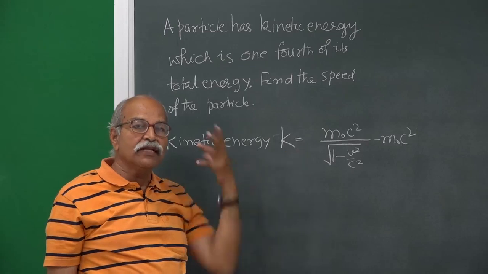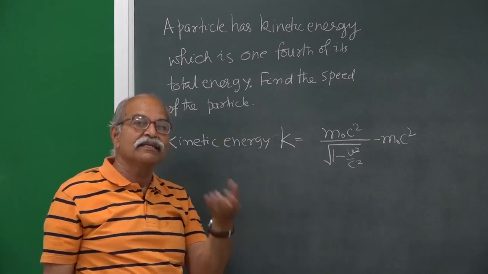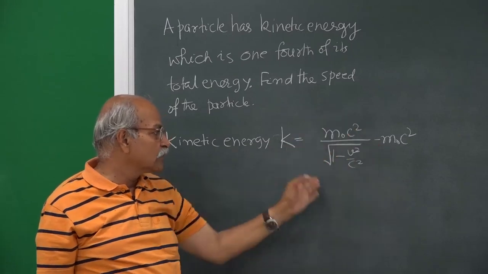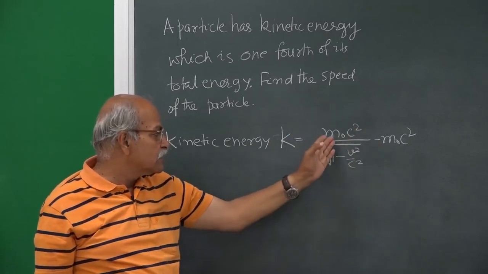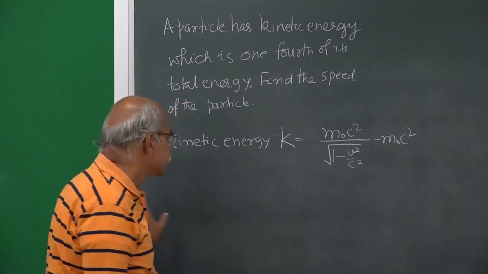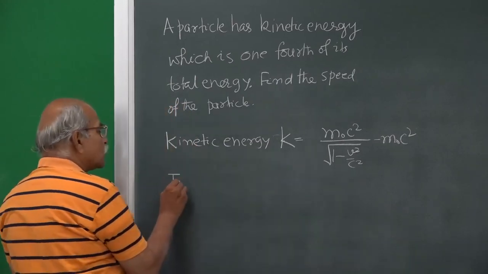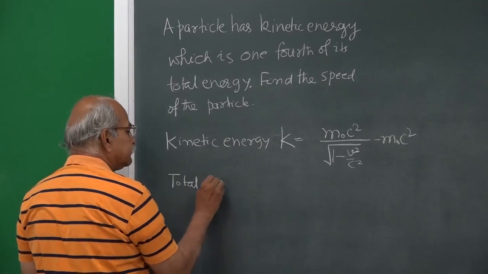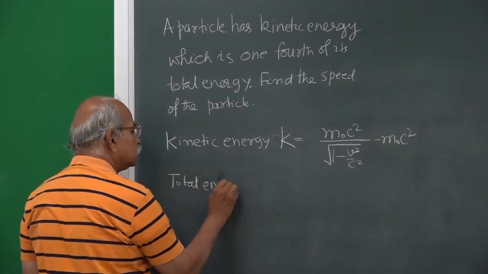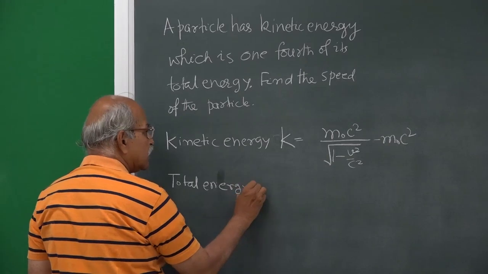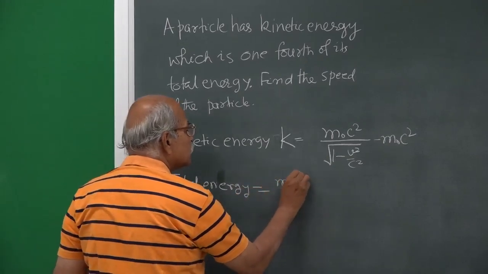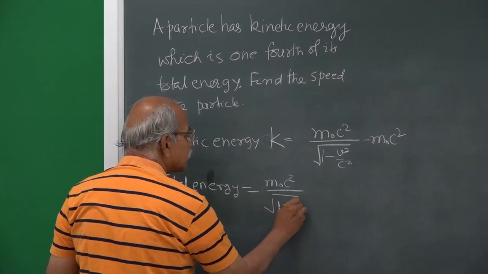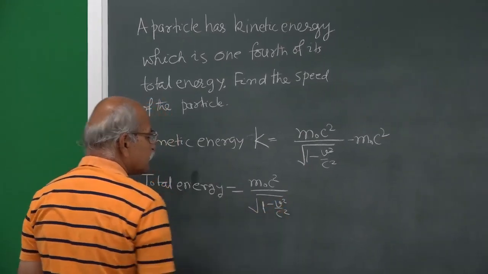Kinetic energy is total energy minus the rest mass energy. So, this is the rest mass energy and this is total energy. Total energy is m naught c square divided by square root 1 minus v square by c square.